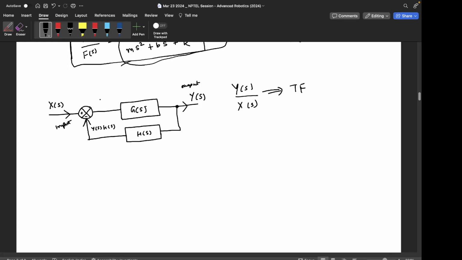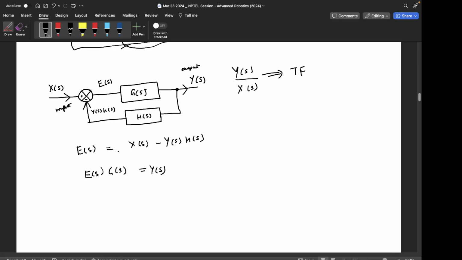So if I denote E(s) here, then E(s) is X(s) minus Y(s)H(s). And now the second thing that you can write is E(s) times G(s) is Y(s), right? Because E(s) goes into G(s) and then it becomes Y(s). So this is also valid.